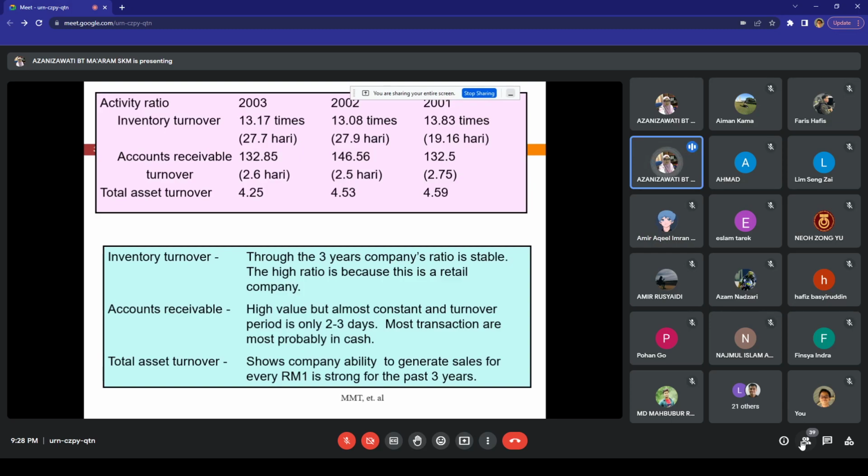Everyone stayed at home and bought online. So starting from 2020, we can see the trend for accounts receivable is a little bit low.